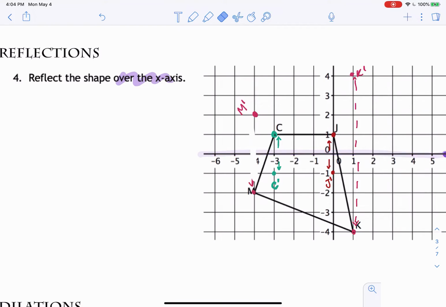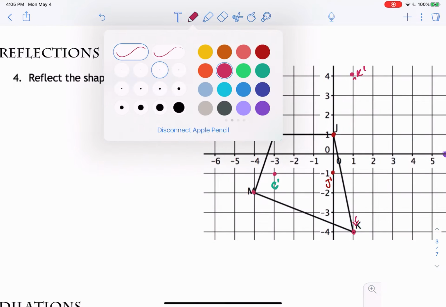Now I'll erase all this other extra. I think we lost our C prime. There we go. Extra marking so that we have more of a clear picture that we can start connecting dots to. Oh, let's use blue.